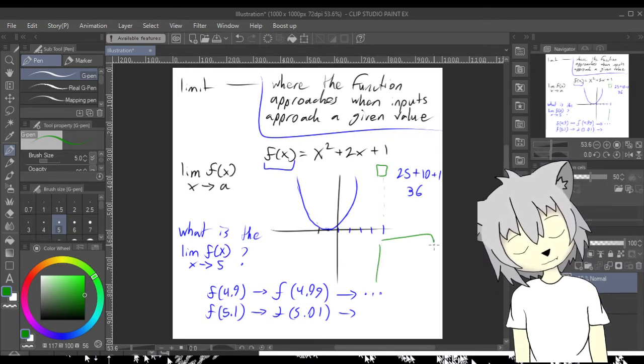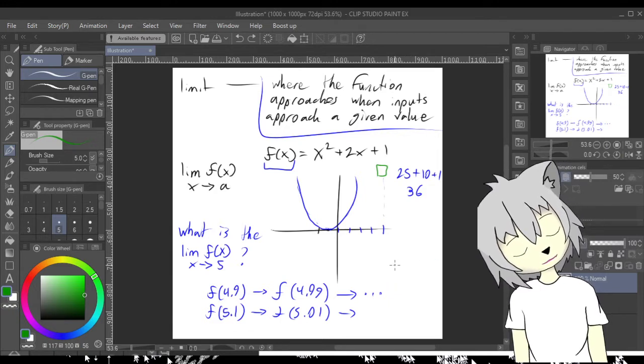And we have 4, 5, 6, and let's erase a little bit of this.